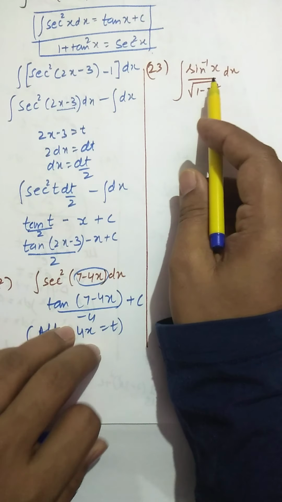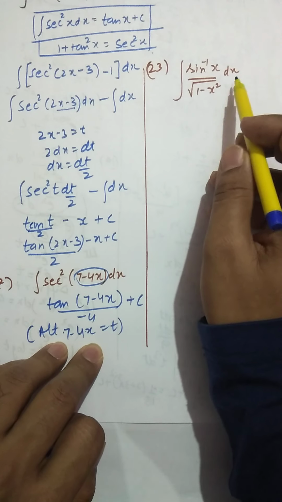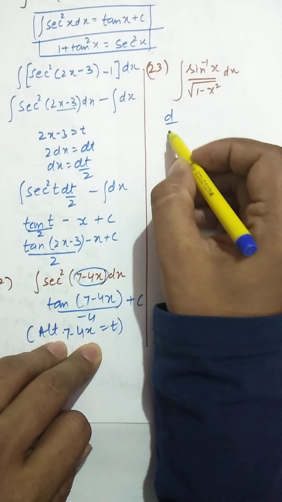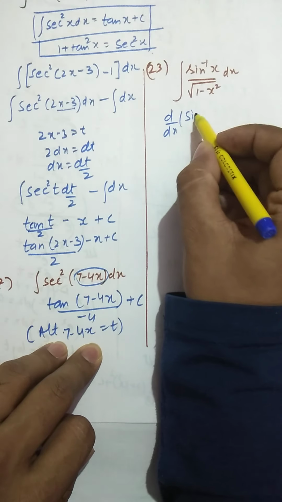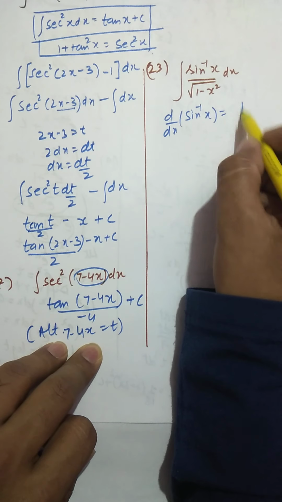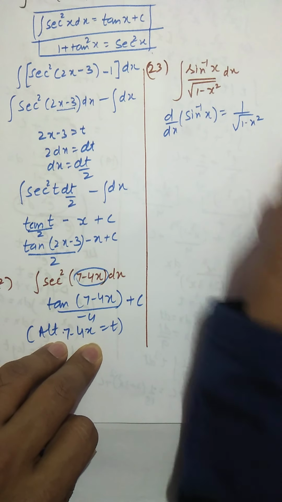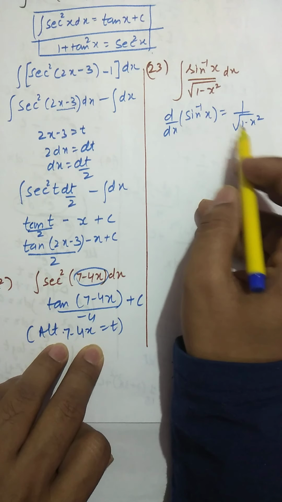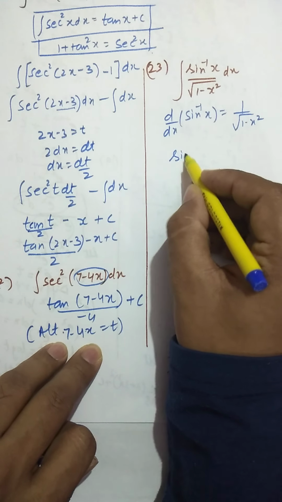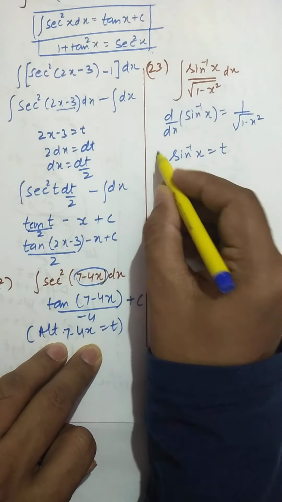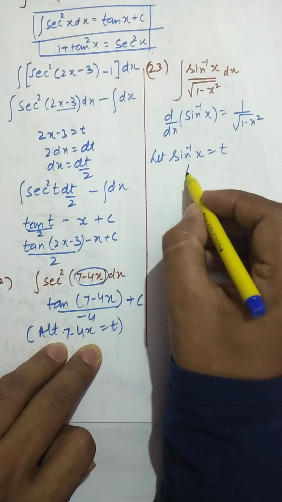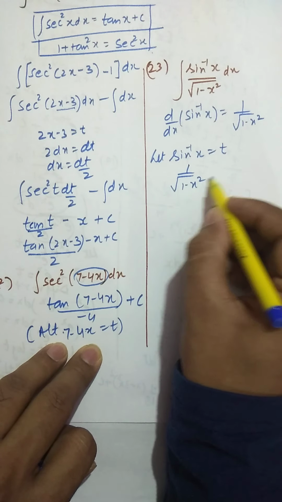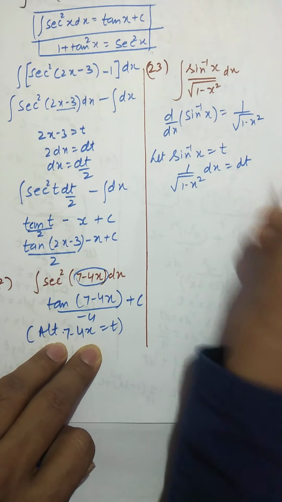Now consider this question, the integral of sin inverse x upon root 1 minus x square dx. So first I just want to tell you that the derivative of sin inverse x is 1 upon root 1 minus x square. So you can get the hint from this formula that you have to assume sin inverse x as t. So that is going to be 1 upon root 1 minus x square dx equal to dt.